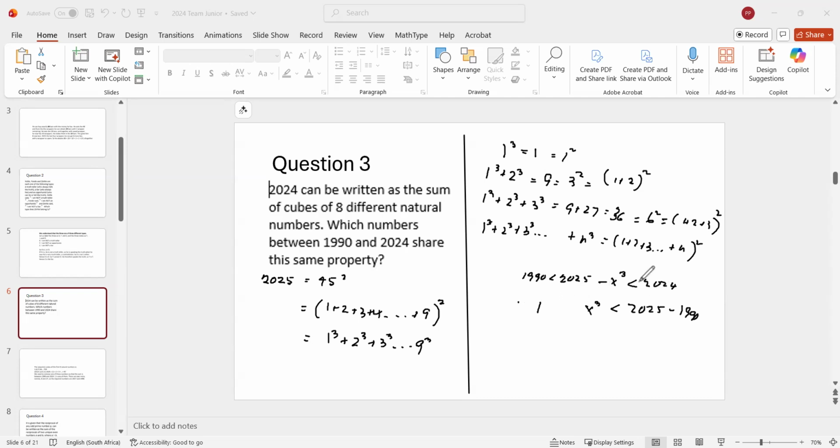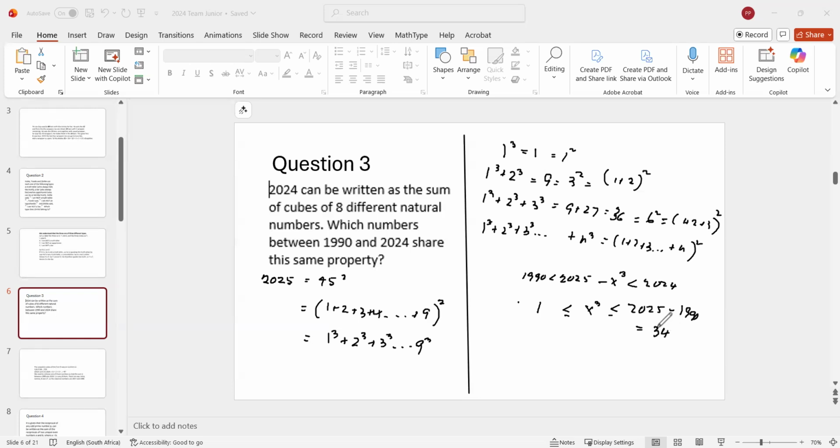You can make that less than or equal to. So in other words, you want to know what this is. This is 34.